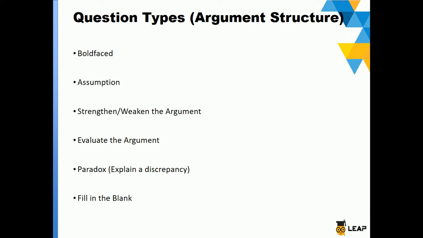Alright, now I'm going to tell you about the argument structure question types. Now to tell you about the argument structure question types, it is important that you understand that any argument structure question has 4 basic building blocks. So essentially every argument has 4 basic building blocks. The first one, let me write it down here just a second.